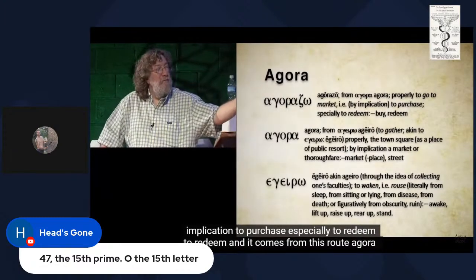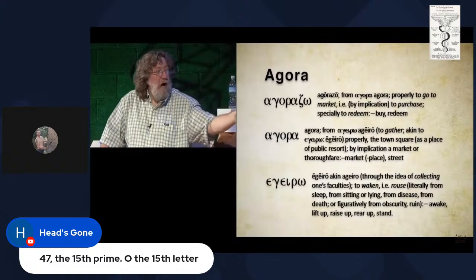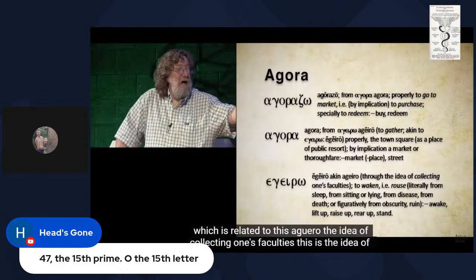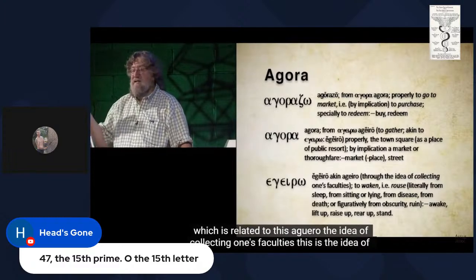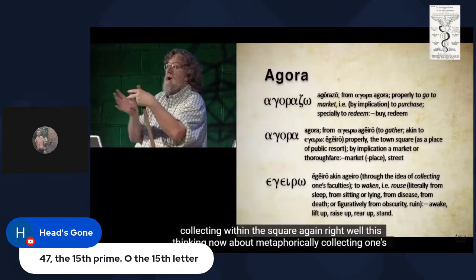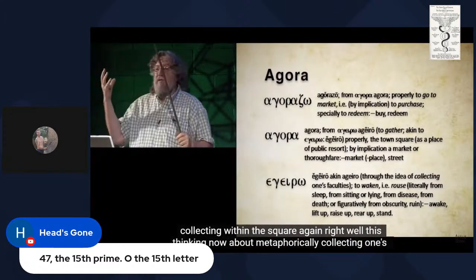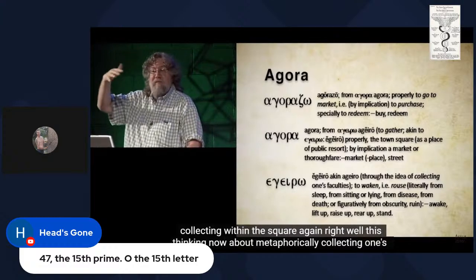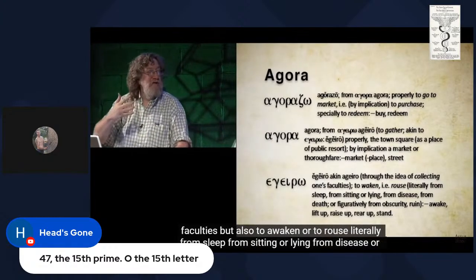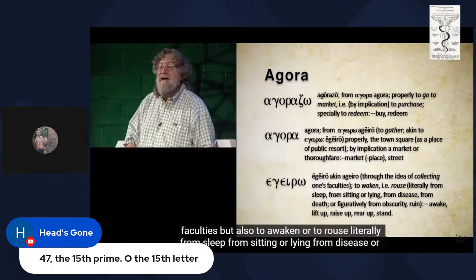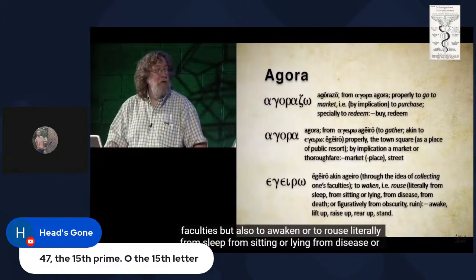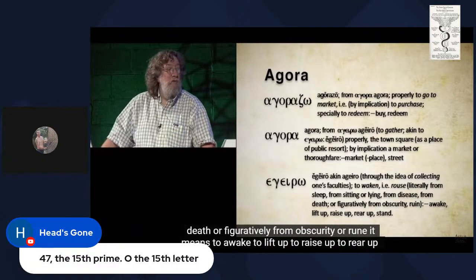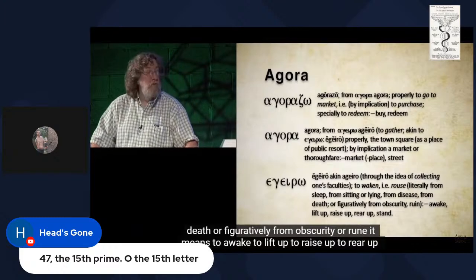And it comes from this root, agora, which is related to this, aguero, the idea of collecting one's faculties. This is the idea of collecting within the square again, right? Well, thinking now about metaphorically collecting one's faculties, but also to waken or to rouse, literally from sleep, from sitting or lying, from disease or death, or figuratively from obscurity or ruin.